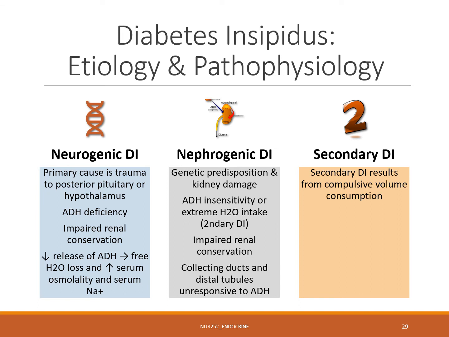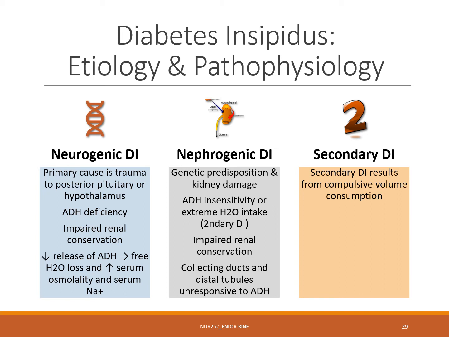The primary cause of neurogenic DI is traumatic injury to the posterior pituitary or hypothalamus as a result of head injury or surgery, resulting in a decrease of ADH synthesis, transport, or release. This is the most common form. A form of transient DI may occur after pituitary surgery or trauma resulting from manipulation of the pituitary stalk or cerebral edema.